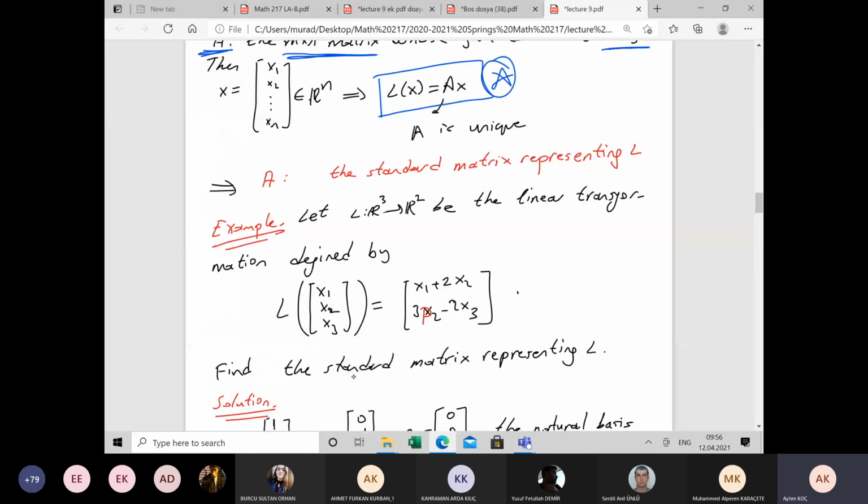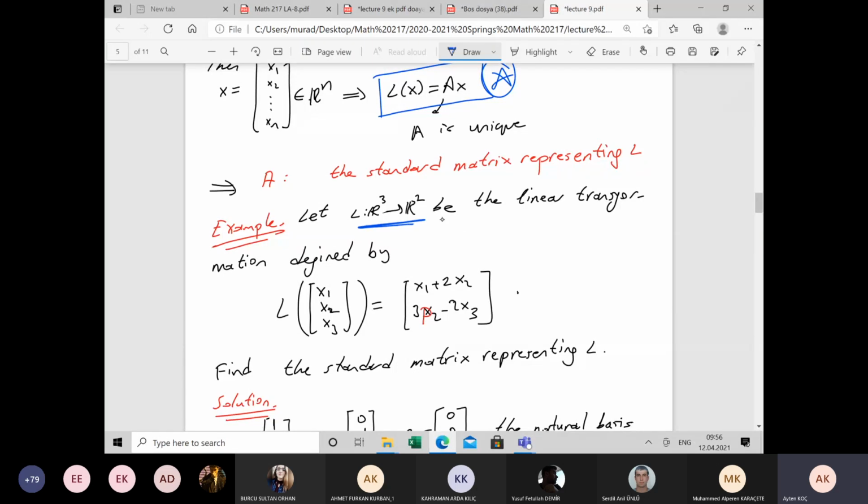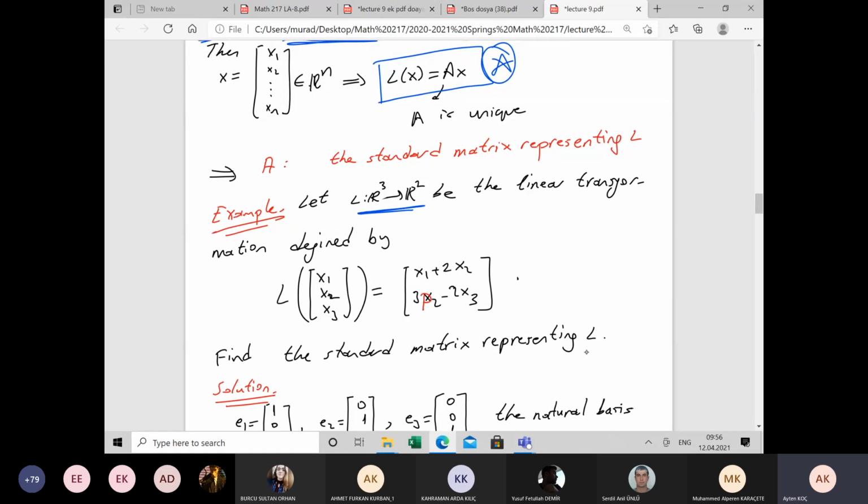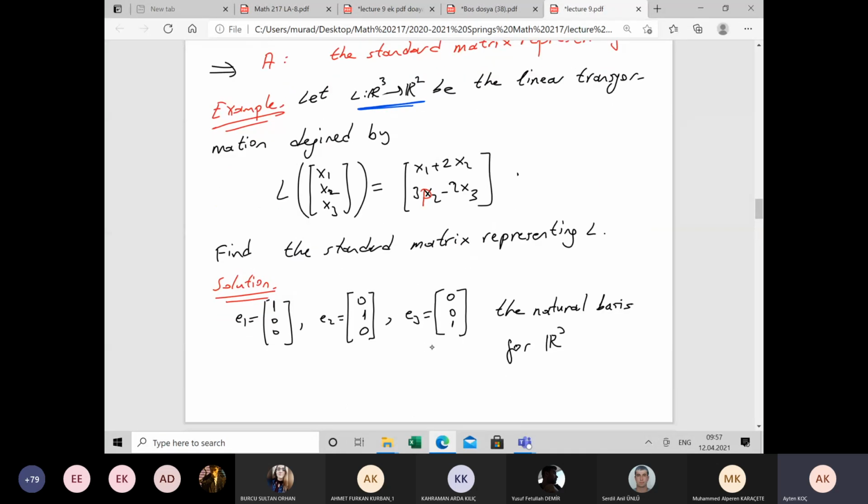For example, L is from R cube to R square, the linear transformation defined by this formula. Find the standard matrix representing L. So write the standard basis for R cube: a sub 1, a sub 2, a sub 3, which are 1 0 0, 0 1 0, 0 0 1.